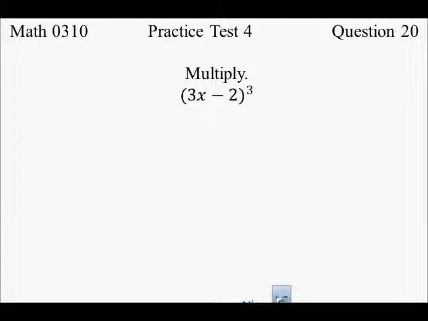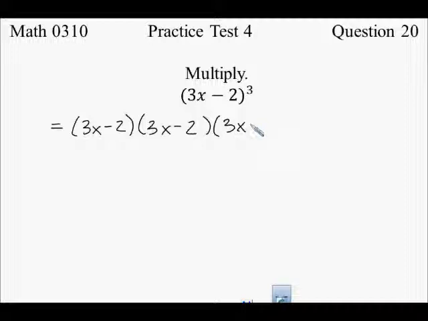Question 20 says multiply the quantity 3x minus 2, and it is cubed. Exponents are shorthand for repeated multiplication, so this is the same as having 3x minus 2 being multiplied with 3 copies.